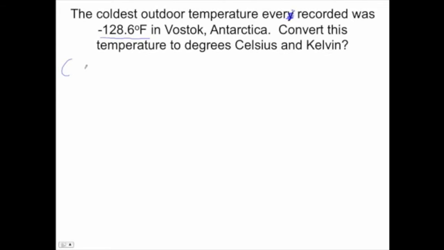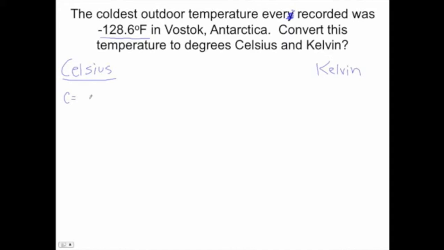So the first thing we need to do is the Celsius, and then afterwards we can do the Kelvin. The formula to convert Fahrenheit to Celsius, you can use either one, but this one's actually a little bit easier.